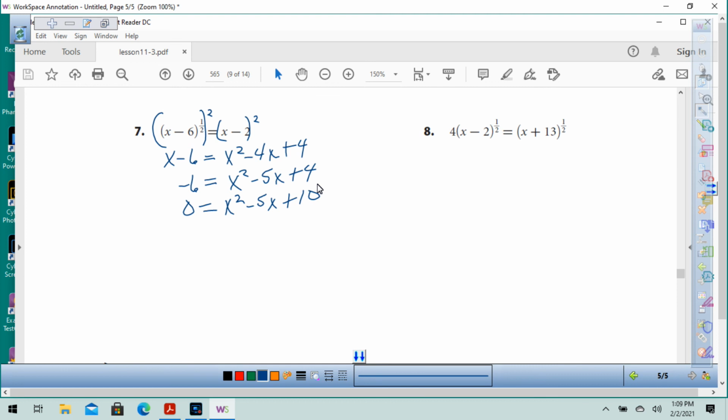All right, what are the factors of 10? 10 and 1, 5 and 2, and that's it. And none of those will add up to 5. So we're going to have to use the quadratic formula. Okay, and that is x equals negative b plus or minus the square root of b squared minus 4ac, over 2a.